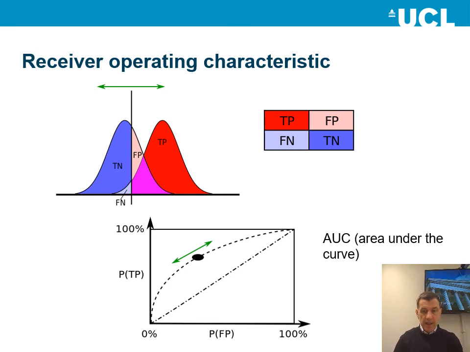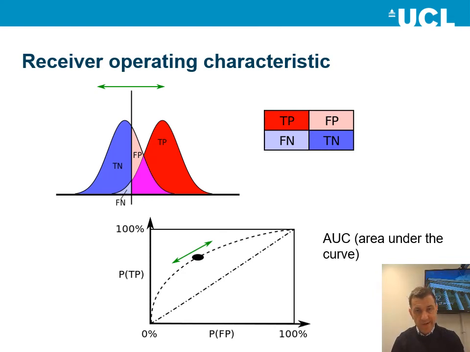And finally, in thinking about the evaluation of classifiers, I want to talk about this really important notion of the receiver operating characteristic. Again, I hope this is familiar to people. It should be part of your clinical training looking at diagnostic tests. But the key idea here is that when you're making a decision about whether or not something should be classified as cancer or not, the threshold that you use is a matter of choice.